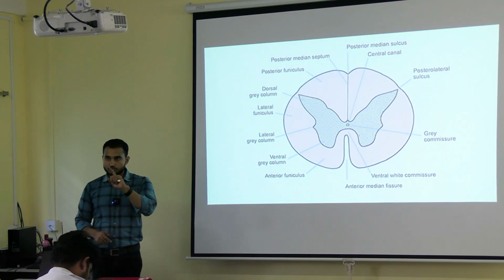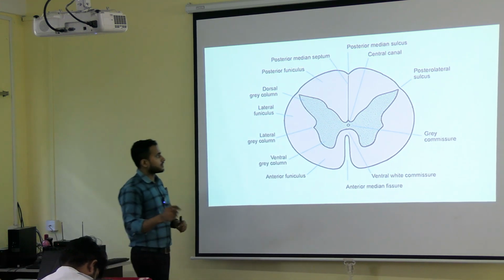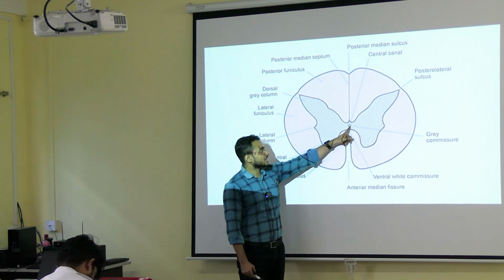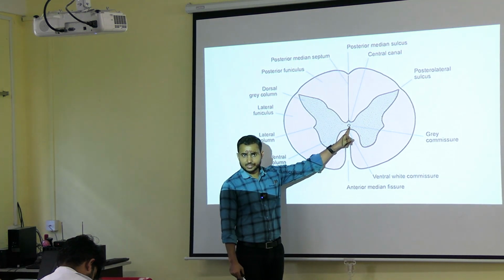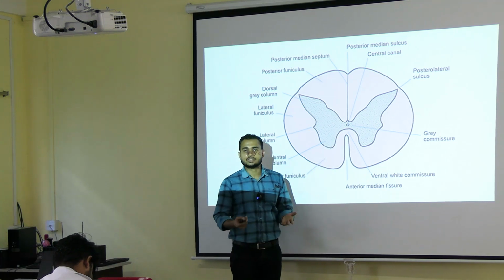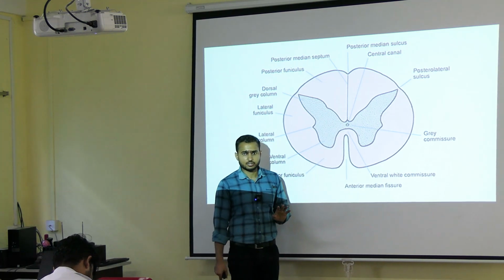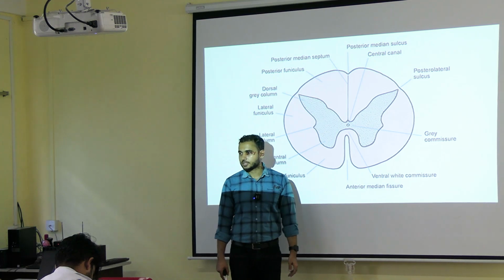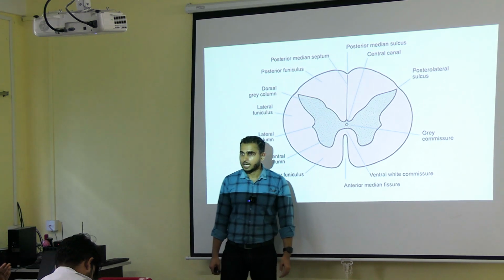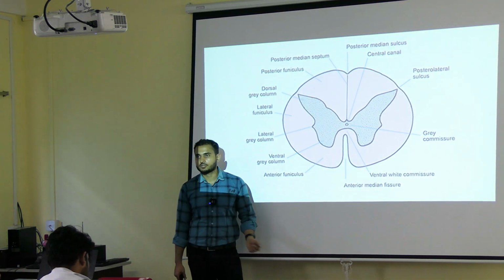Now I am giving the answer. Try to understand one thing. ये जो central canal है, it is present at the center. ठीक है, central canal जो होता है, center का मतलब क्या है? In the center. Can anyone tell me which is the anterior side and which is the posterior side? And how will I understand which is the anterior side, which is the posterior side?